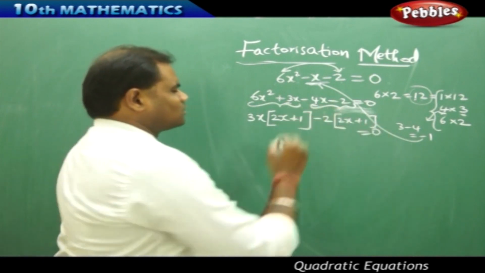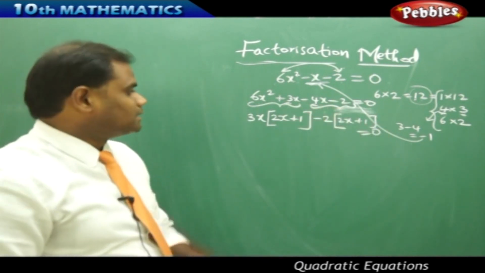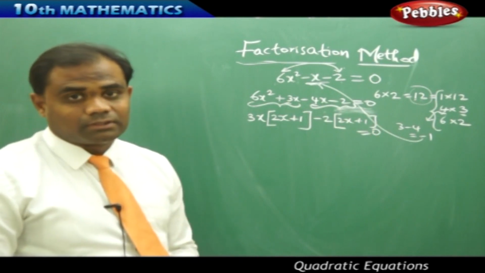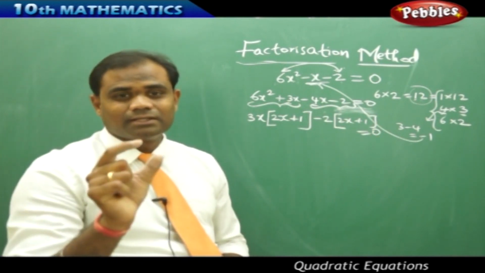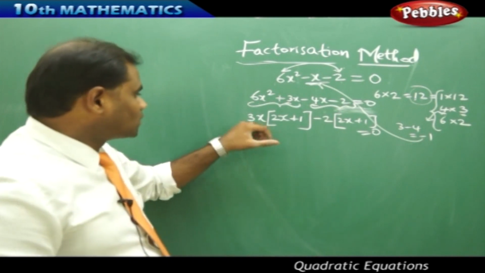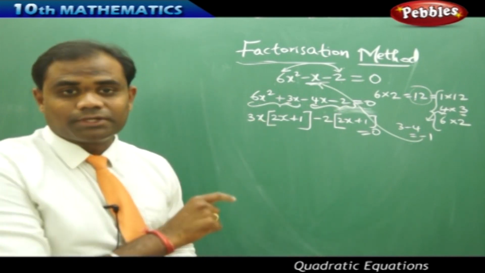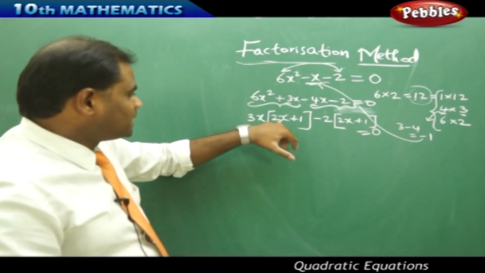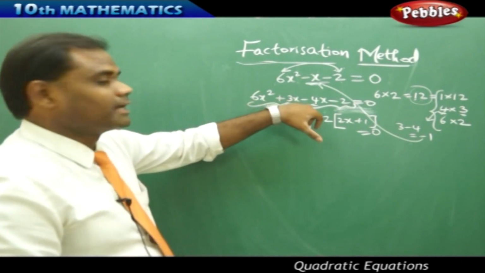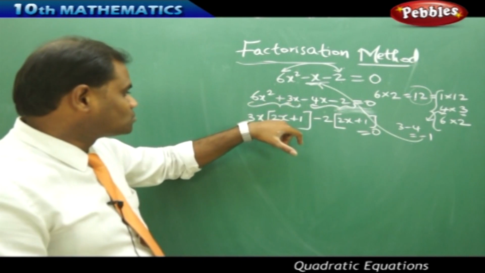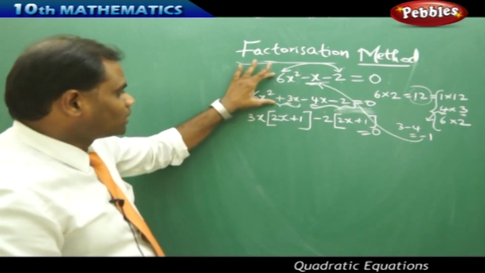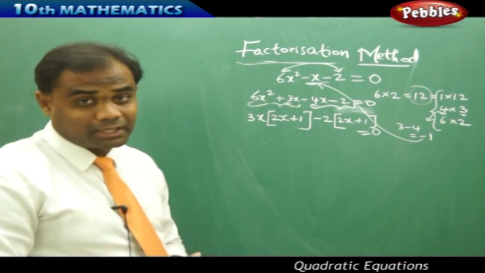Now sometimes there is a possibility that we make mistakes in taking the terms common. So it's very important to recheck whether what we have taken common out here is right or wrong. Therefore, in order to recheck, I re-expand this to see whether I get the same terms. 3x into 2x is 6x squared. 3x into x is 3x. So what I have taken common here is very much correct.